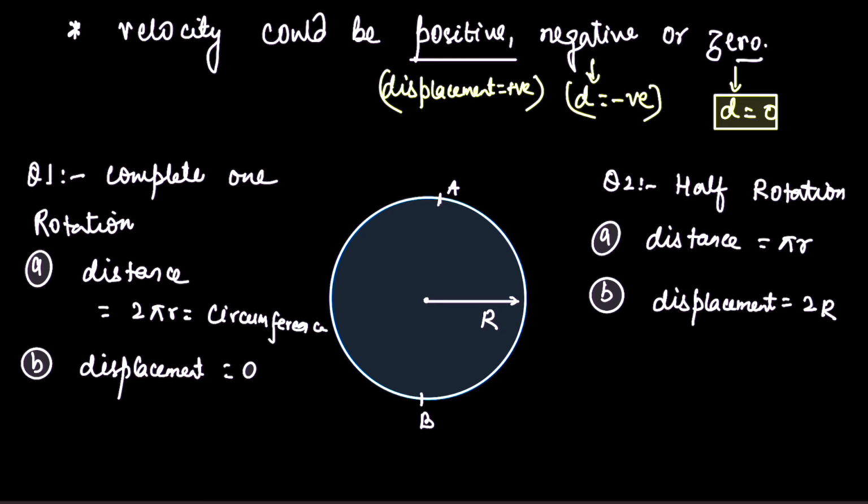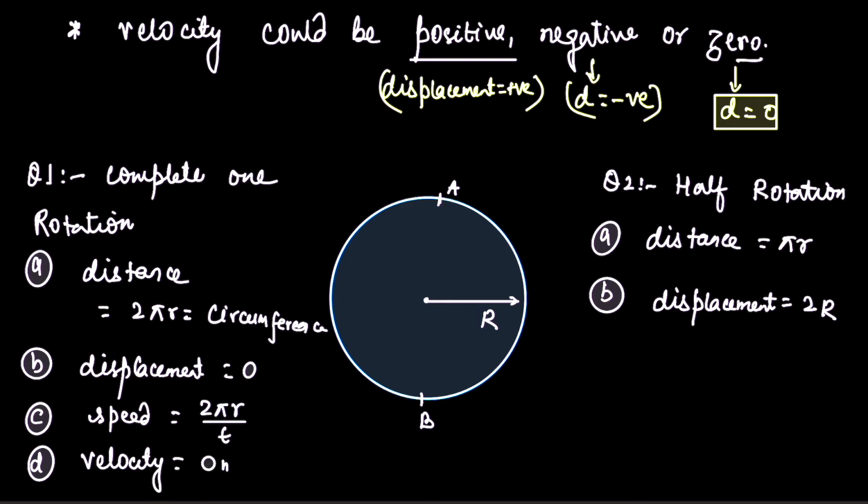Now in the question number 1, if we have to find the speed, so what we can say is speed is equal to distance upon time. So here distance is circumference and the time is t, and if we have to find the velocity, then it will be 0. Why 0? Because displacement is 0 and time could be anything.